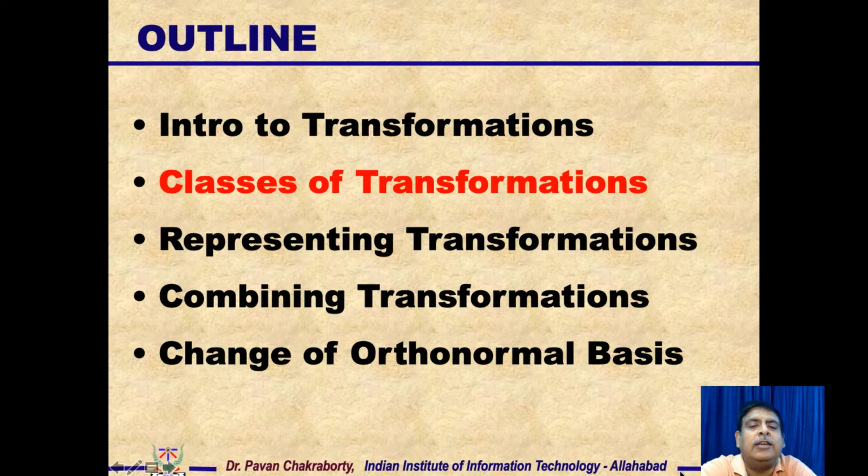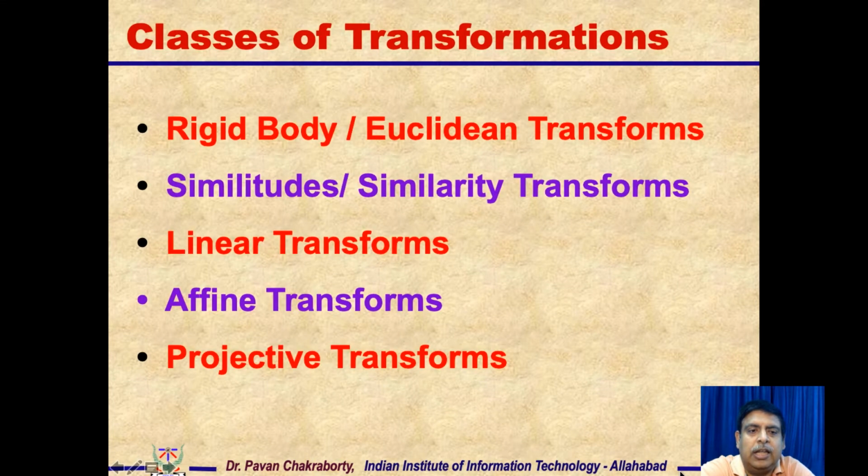Now let us try to put the transformation into perspective, into a proper domain, by looking at it as a class of transformation. So let us define a few classes of transformation. The first class of transformation is known as the rigid body or the Euclidean transformation.